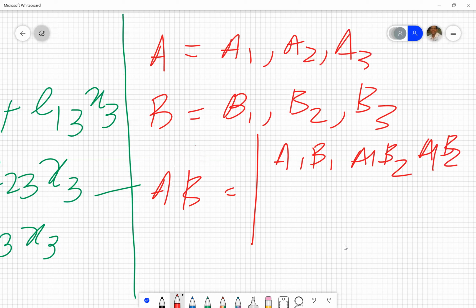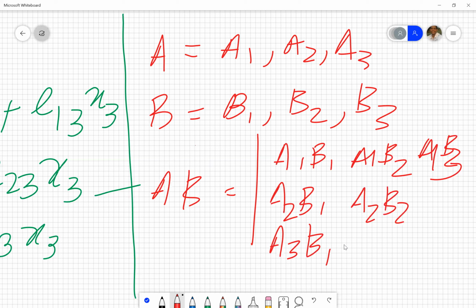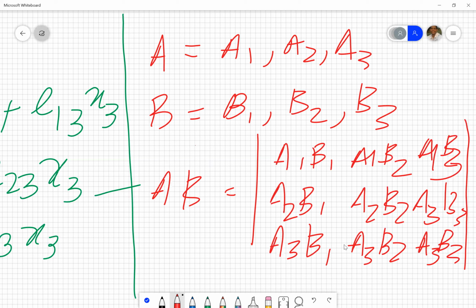Similarly A2 B1, A2 B2, A2 B3, and A3 B1, A3 B2, A3 B3. So this is the quantity we have got by multiplying two vectors.